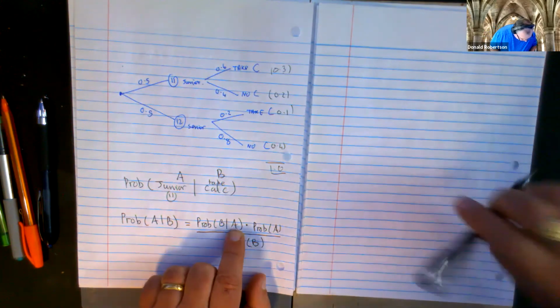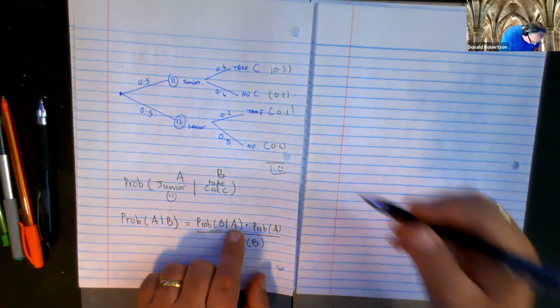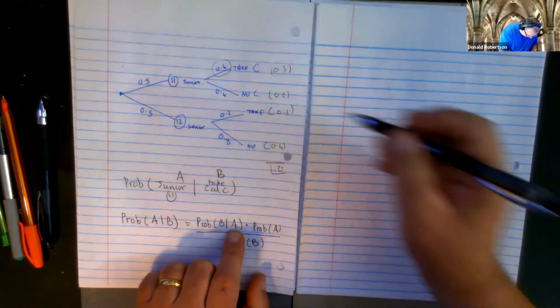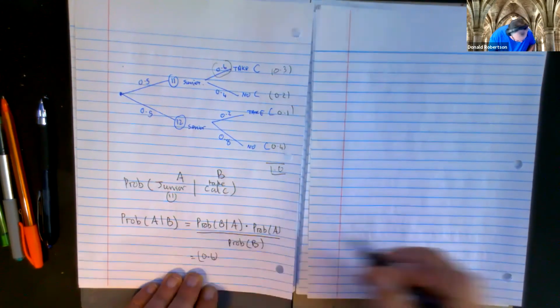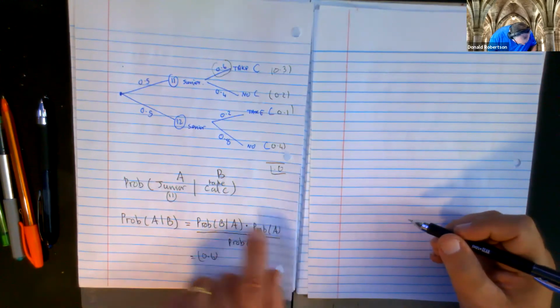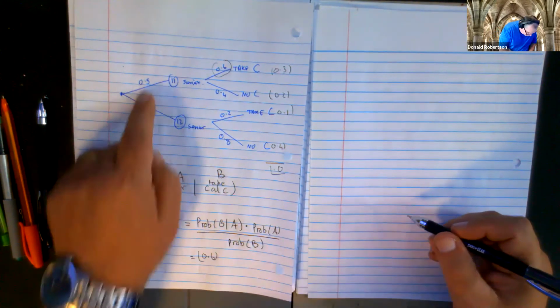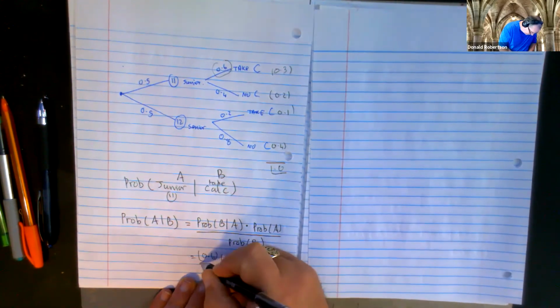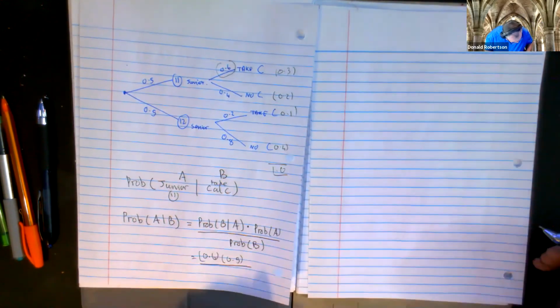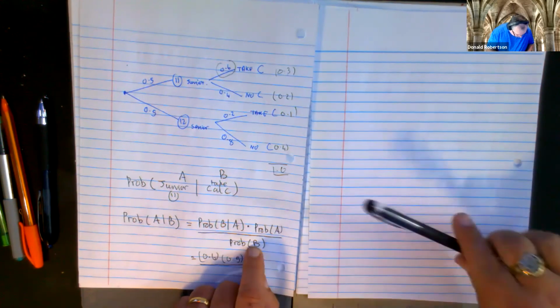Well, the probability that you take calculus given you were a junior is 0.6. What's the probability of A? What's the probability that you're a junior? Well, the answer to that is 0.5. And then what's the probability that you take calculus?